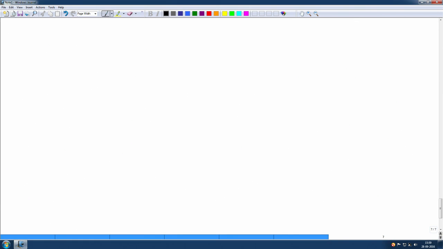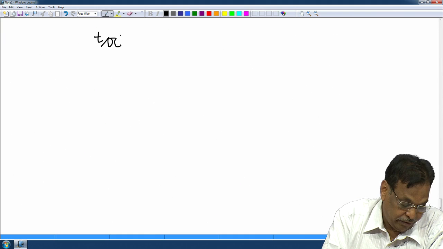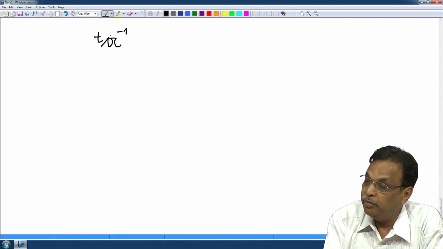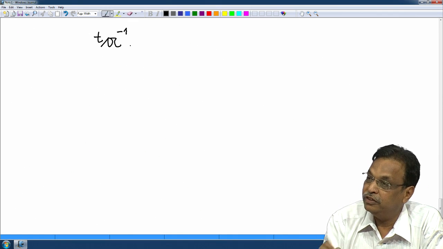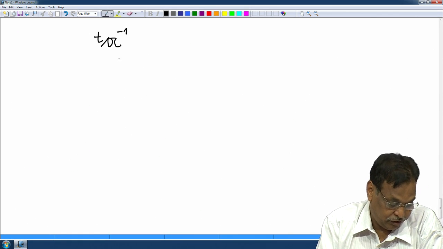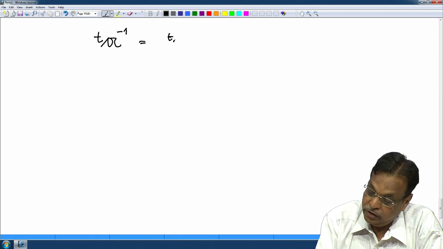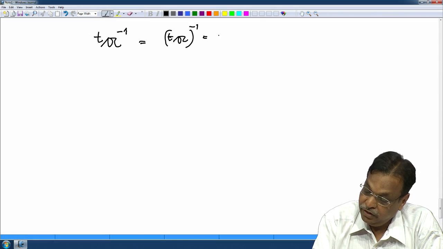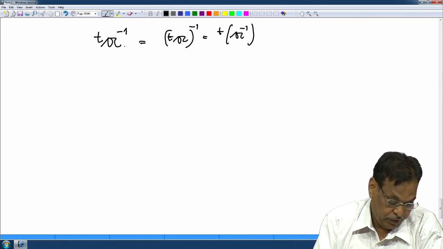So this matrix, A transpose inverse, I will denote without putting a bracket, because whichever I do first, it is the same. Either you take the transpose of A inverse or the inverse of the transpose, we have checked it is the same.